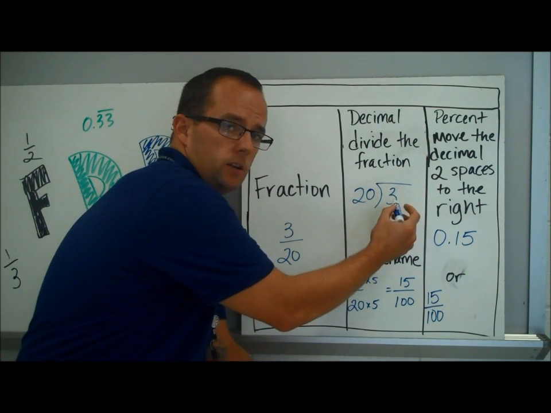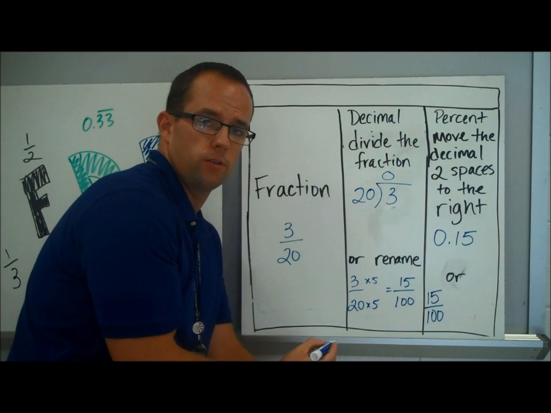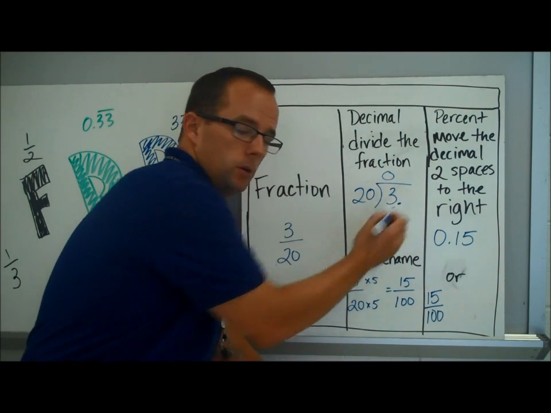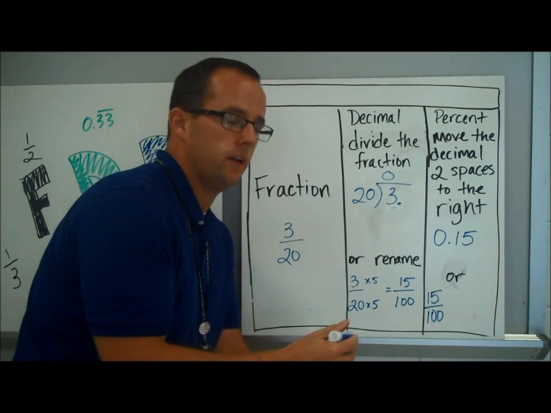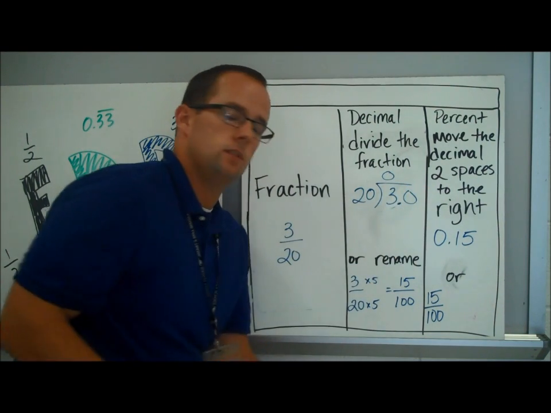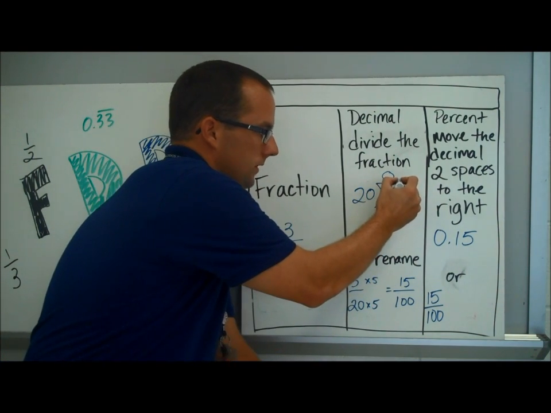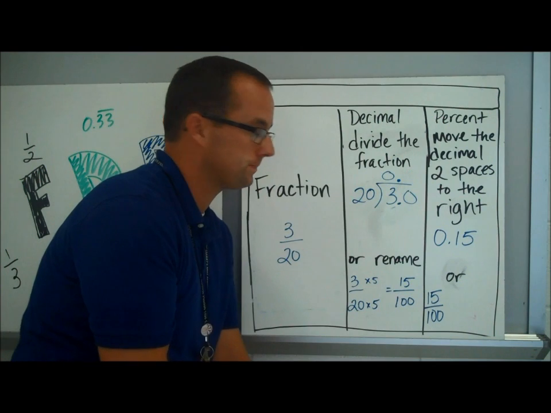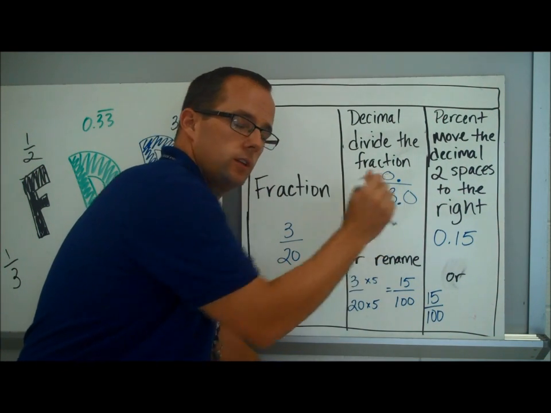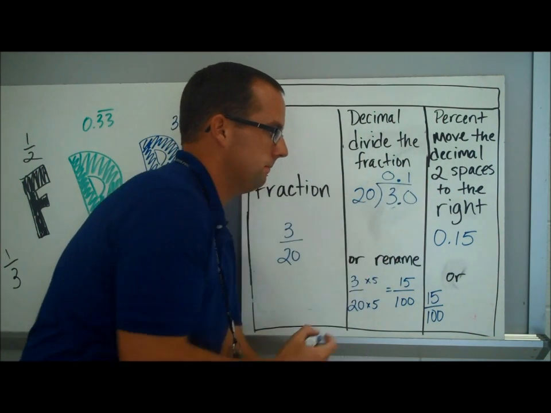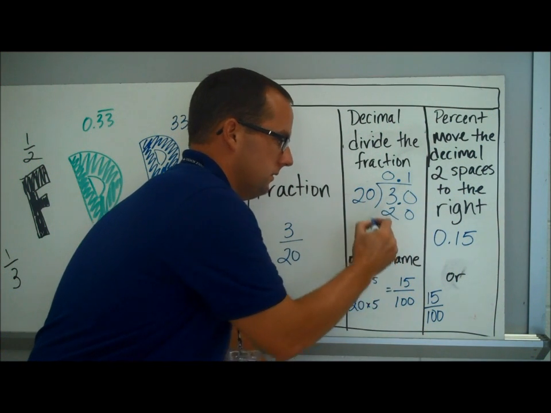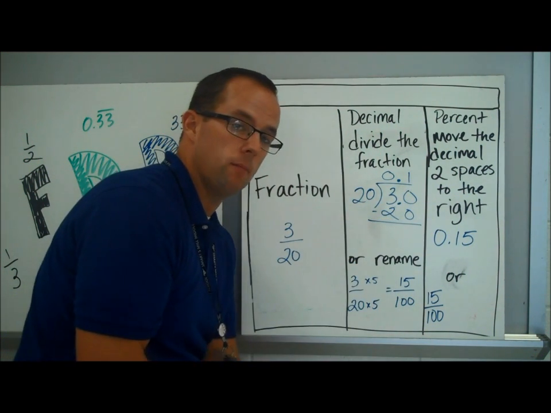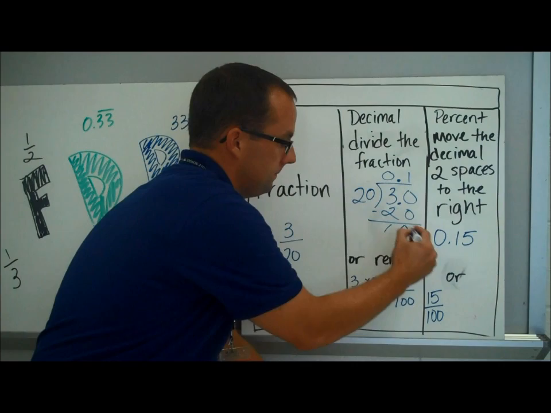So 20 can't go into 3, so I put a 0 there. And I have to add my decimal point, right? And a lot of you are going, oh yeah, decimals. So you put 0.0, you have to add the 0, but the decimal point has to go up there as well. Alright? So now 20 goes into 30 one time, and then you subtract 30 minus 20, and you get 10.